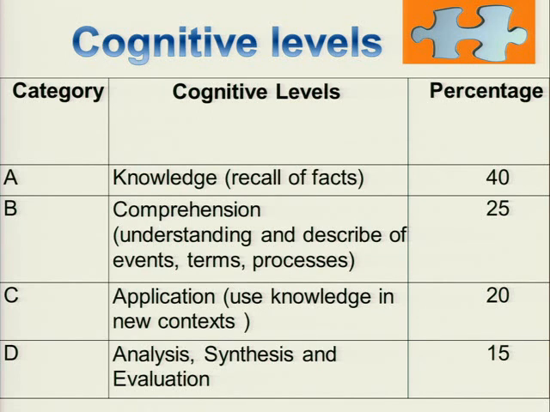And then category B is comprehension, understanding and description of events, terms, and processes. In other words, it also has to do with what you have learned, and then you put it in your own understanding and describe the events, terms, and also the process.